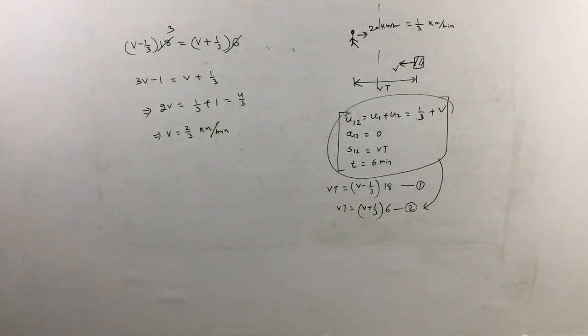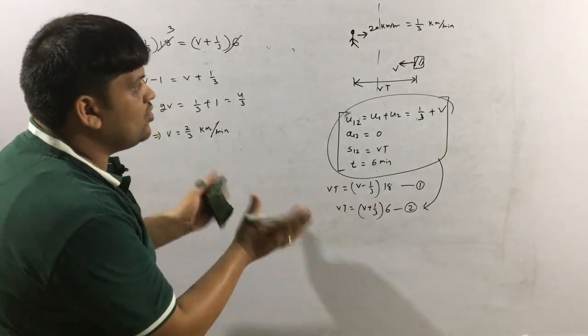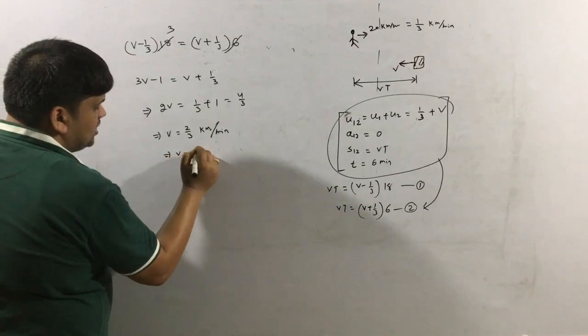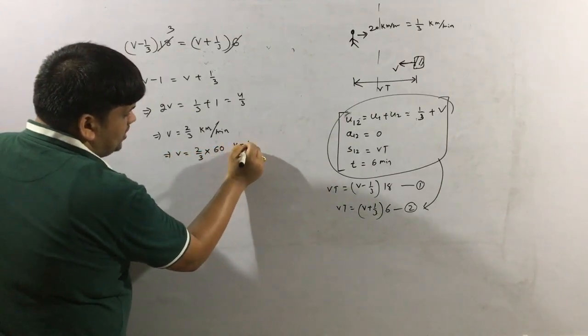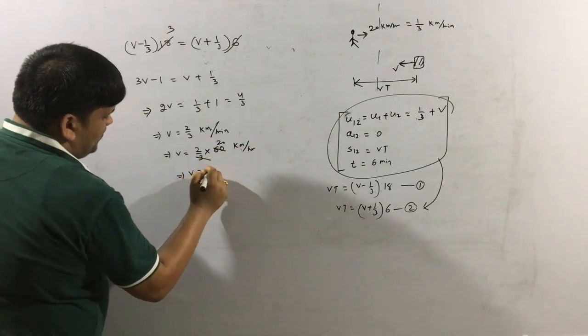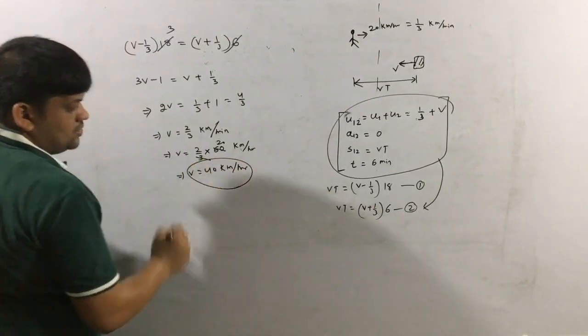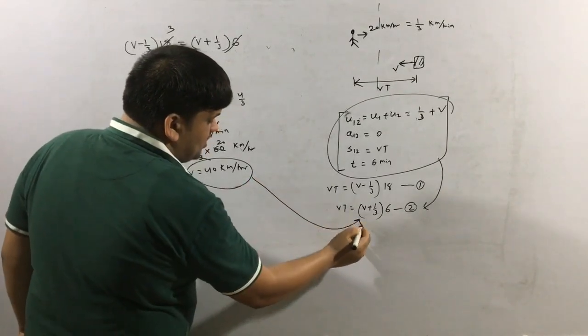You can take this unit any way, and accordingly you have to be careful about all other units. So it is kilometer per minute. I can also write it as 2 by 3 into 60 kilometer per hour, or it will be equal to 40 kilometer per hour. Okay, now you take this and put it in any equation, you will get the value of t.